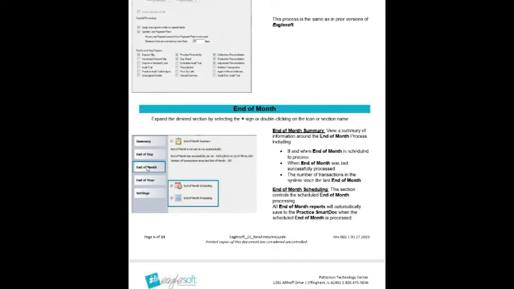You click on the end of month button, end of month scheduling, same thing. And here, as a note, as with a normal end of month, at least one end of day must be processed since the last end of month in order to schedule a month to process.